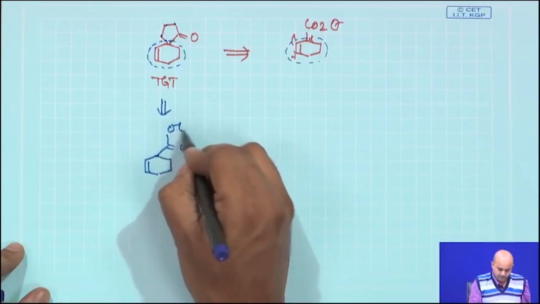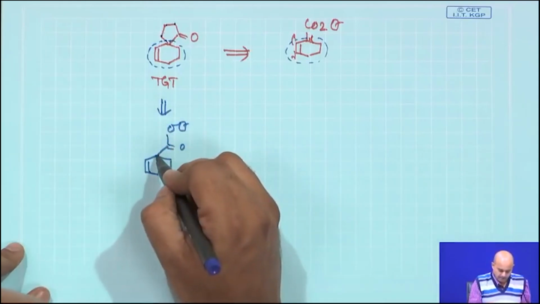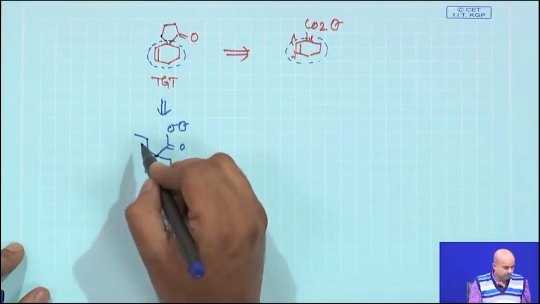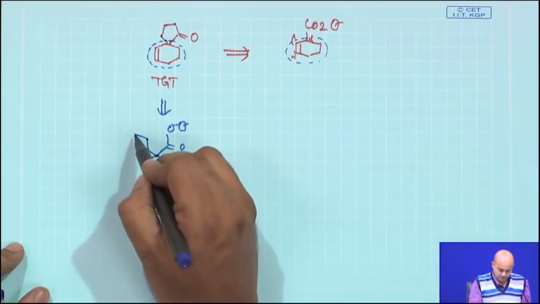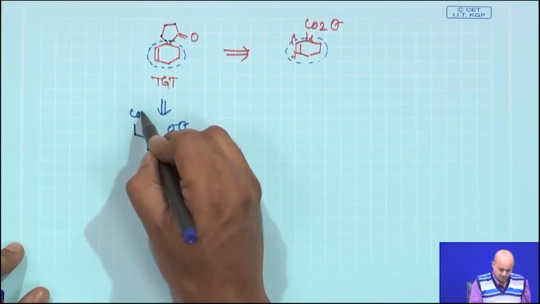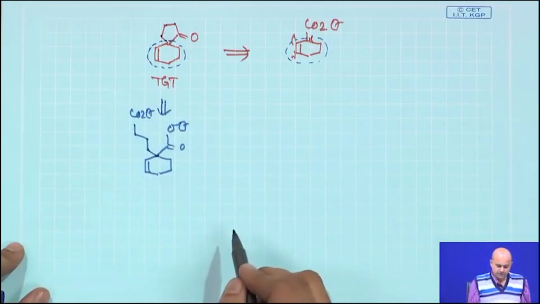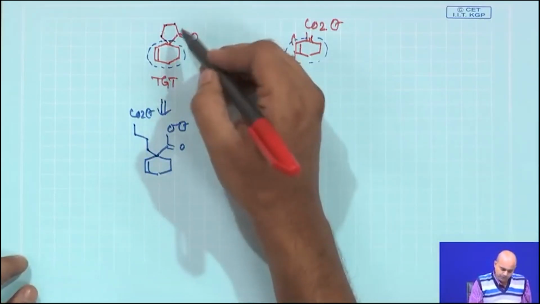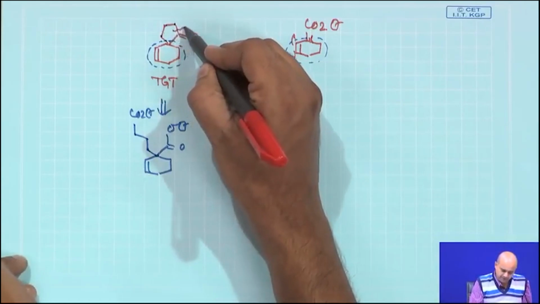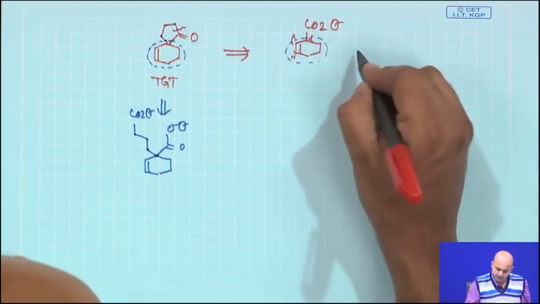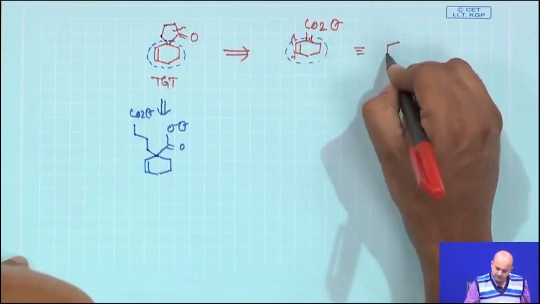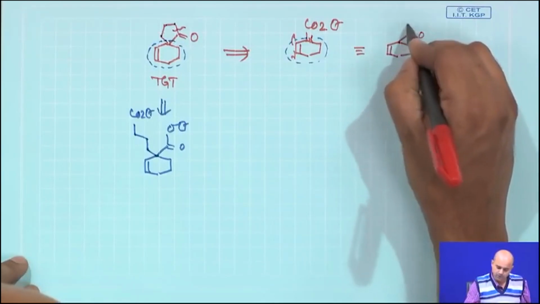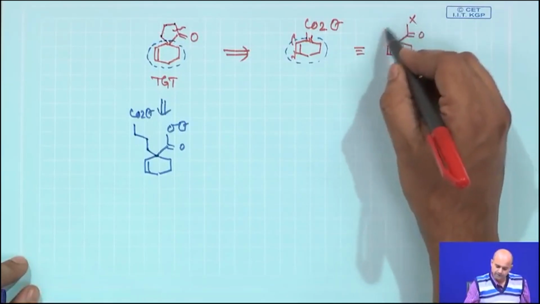If I say you are having this compound, this diester. So, basically what we are trying to do, you just made this disconnection, because the starting material is already having this framework which is C double bond O X. So, this part is in the starting material.